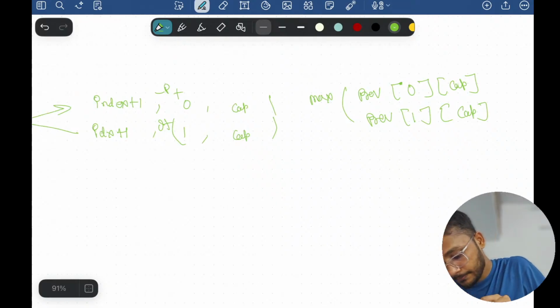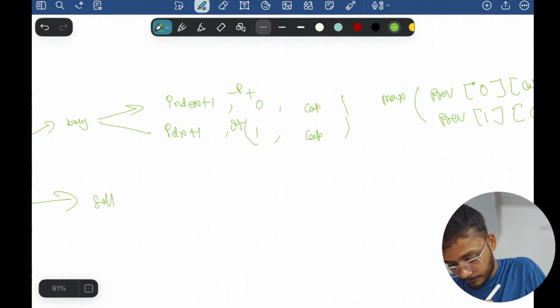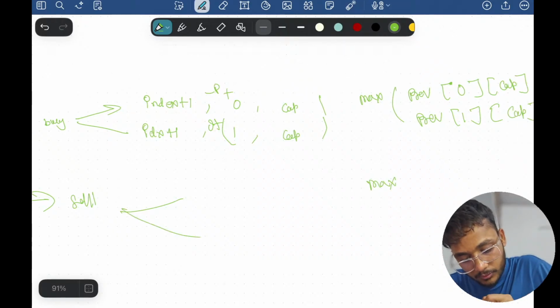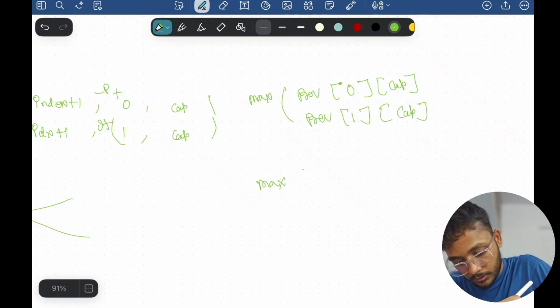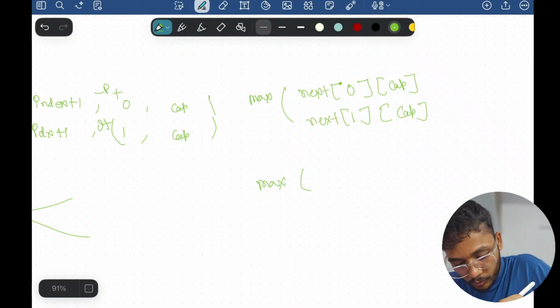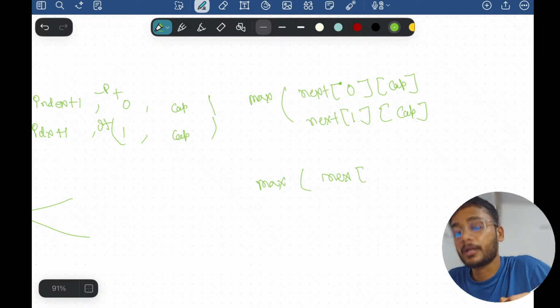Okay, sell. So you will say max of, you are moving further, so you will say previous or next. It's better to use next. Definitely this problem I need to revise, a revision would be required.